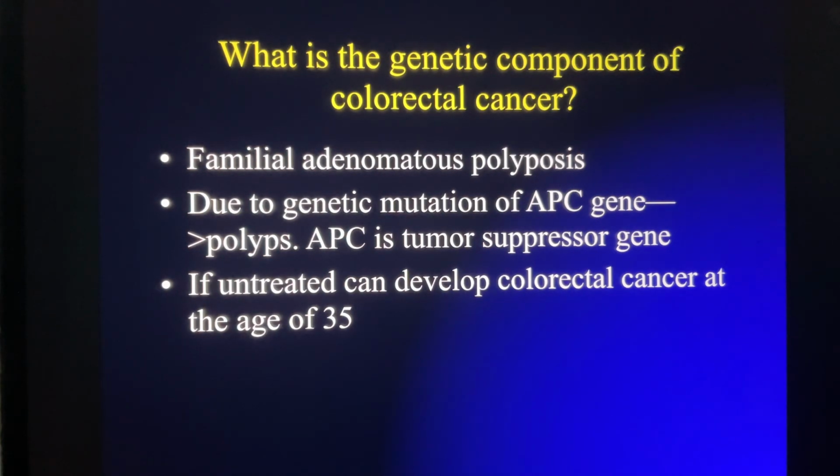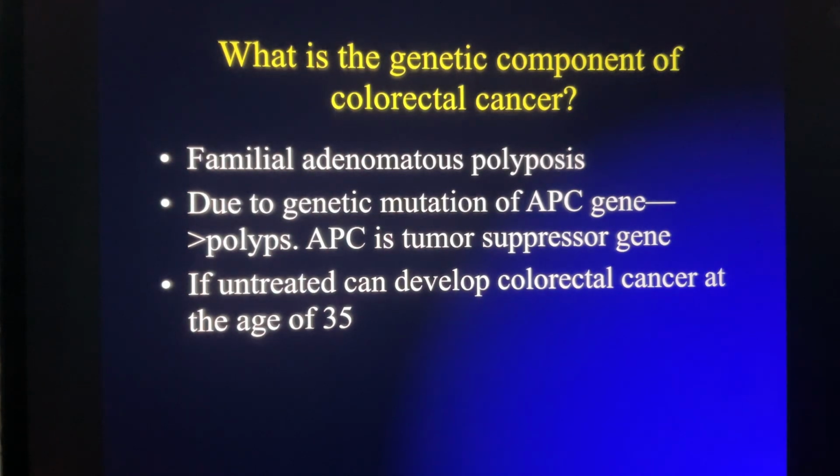Once again, the FAP disorder has a link to colorectal cancer, and this genetic disorder is a result of the mutation of the APC gene. The APC gene is a tumor suppressor gene. So when it's mutated, the individual runs a risk of making hundreds to thousands of polyps. And if that is not addressed, your chances of having colorectal cancer increase as early as the age of 35.